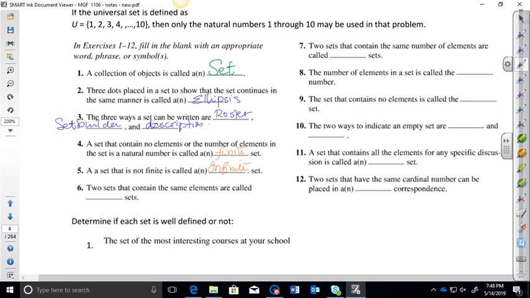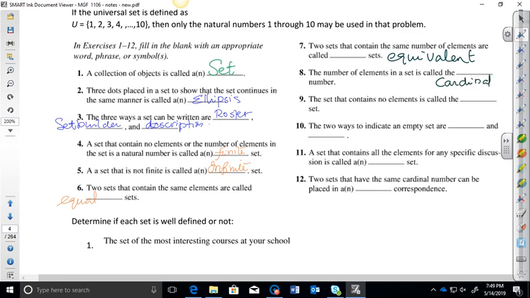2 sets that contain the same elements are called equal. Equal sets. 2 sets that contain the same number of elements are called equivalent. The number of elements in a set is called the cardinal number.